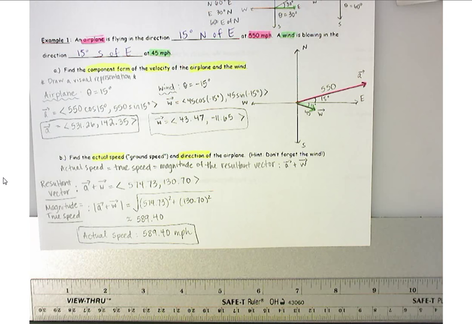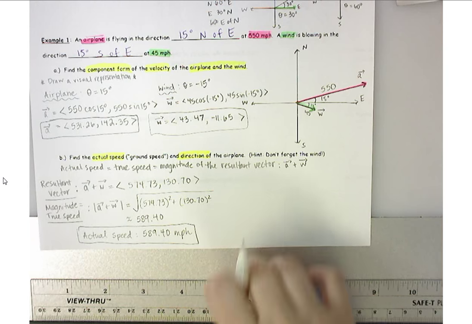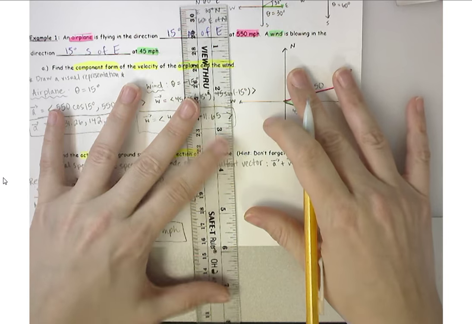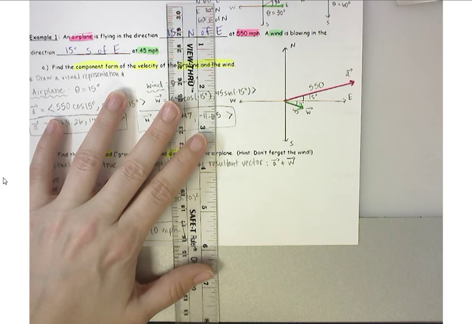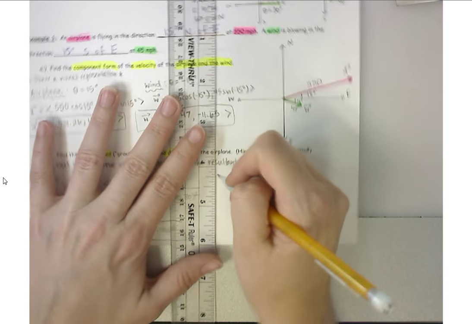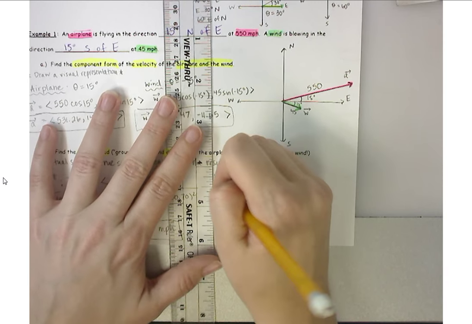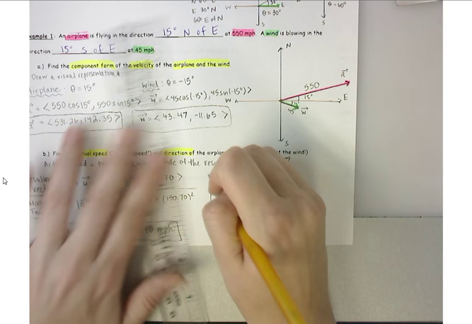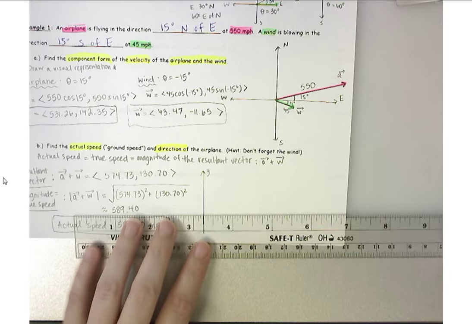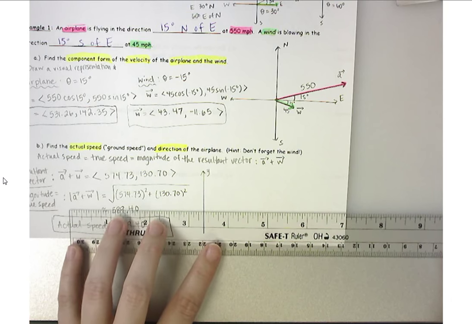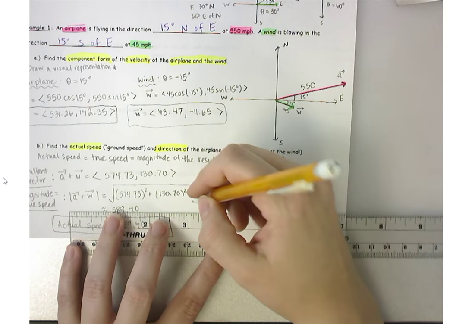Now I'm going to draw another picture, so you guys are going to do it with me, because I want you to understand where this is coming from. I'm going to start the picture the same way that we did this one, and I'm just going to be adding to it.